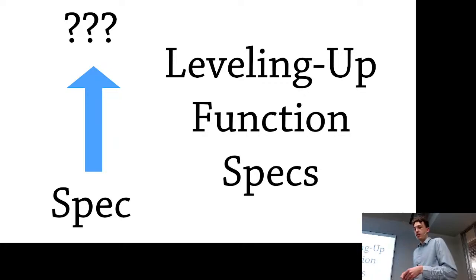So I was saying at the beginning of the talk, we're leveling up specs. We're really leveling up function specs. So the spec we saw before was address to string. That's the kind of spec that we're interested in here.